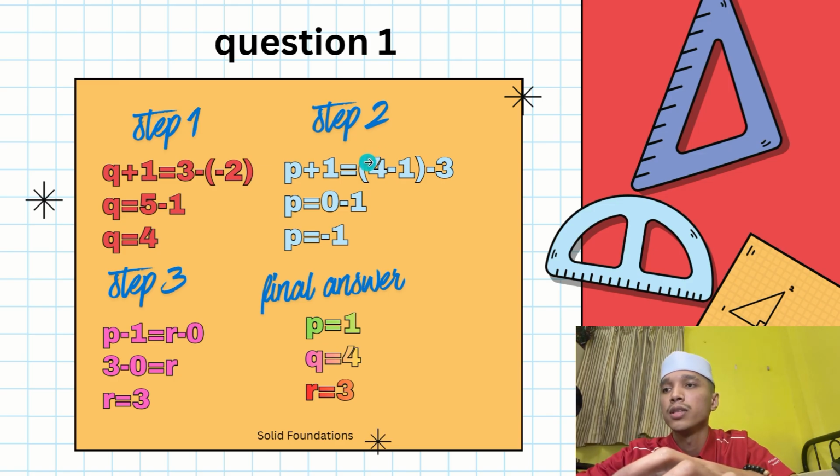Next, step 3, we solve for R. From the matrix element, we obtain the equation P minus 1 equals R minus 0. Substituting the known values, we get 3 minus 0 equals R, so R equals 3.